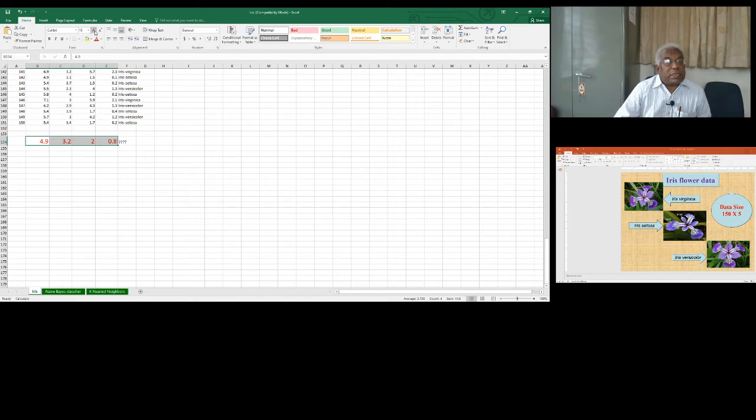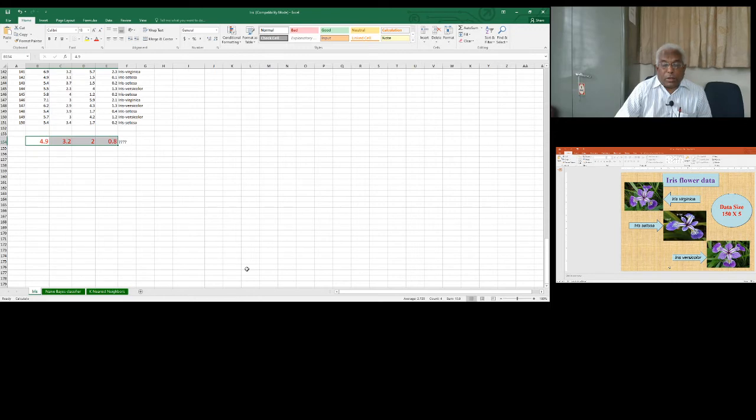Now, is there any scope for statistics to classify this flower? And the answer to this is yes. We can make use of our statistical knowledge, statistical information, statistical modeling, and we can classify this.